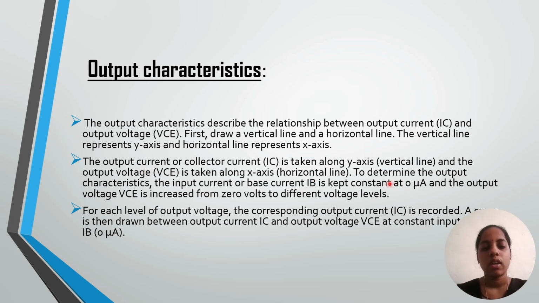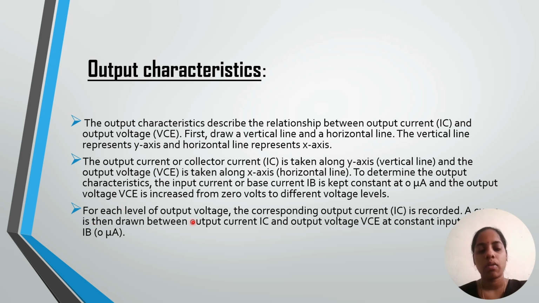To determine the output characteristics, the input current or base current IB is kept constant at 0 microamperes, and the output voltage VCE is increased from 0 volts to different voltage levels.